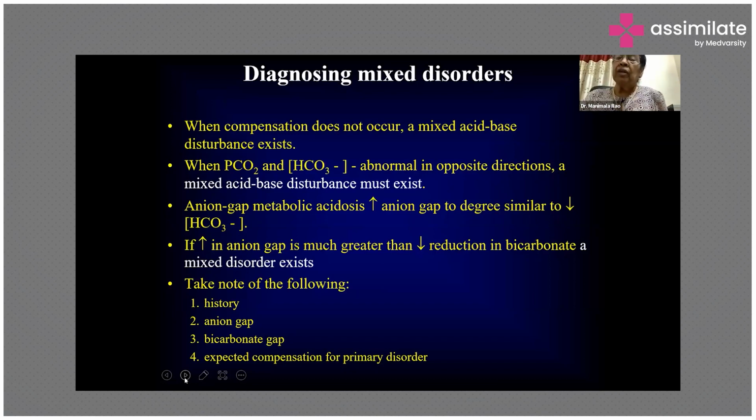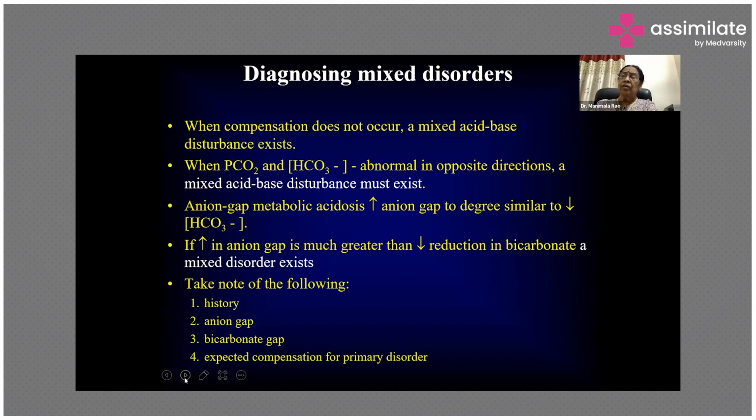So first of all, you have to know the compensation. If the compensation is higher, or if the compensation is lower, then you may have to think that there could be some other thing. Maybe there is a mixed acidosis or mixed alkalosis or some other things. Normally you will not have respiratory acidosis and respiratory alkalosis together, but to find out other things, from there you will know.